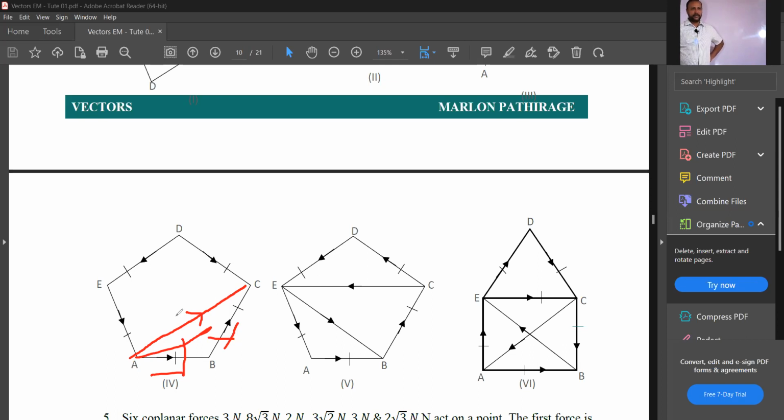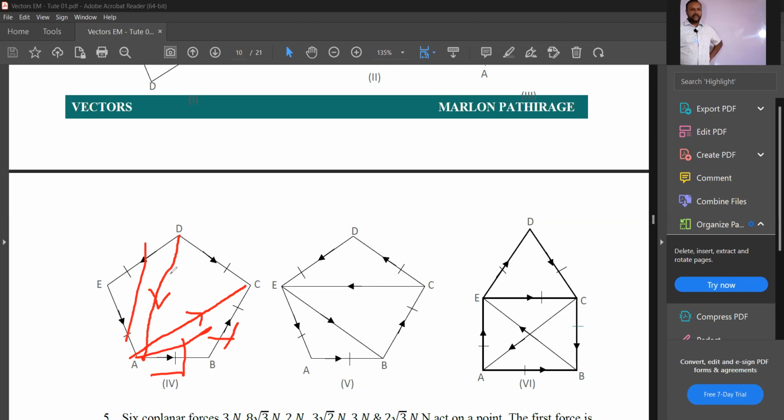Then I can add this one, no? DE plus EA, in the same order. Therefore, if I add these two, it will be DA. So I can remove this one. Now there are three forces. What are they? DA, EC, and DC.